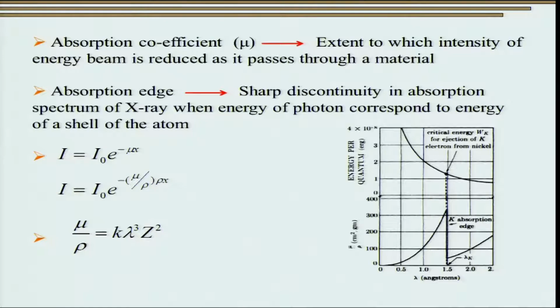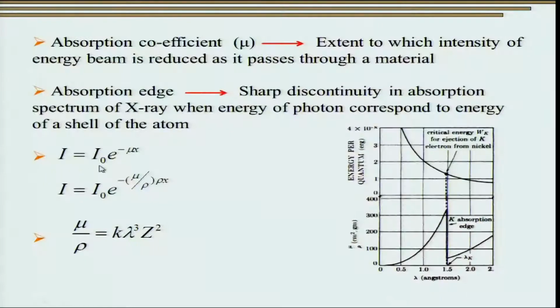Now, we are going to talk about it in the next slide, but let me just put it mathematically, how absorption can be quantified. If the incident beam of intensity I0 passes through a material with thickness x, the amount of attenuation that occurs is e to the power minus mu x, where mu is the absorption coefficient, and therefore, the intensity after passing through the material gets modulated as I is equal to I0 e raised to minus mu x.